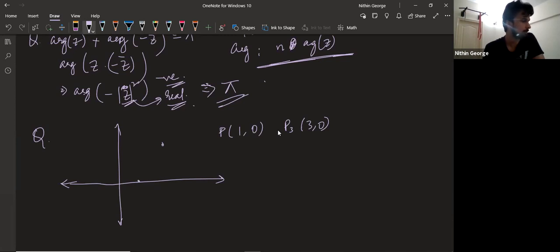And P1, P2, P3, P4 is a square. You have to find the numerical value of P1, P2, P3, P4.